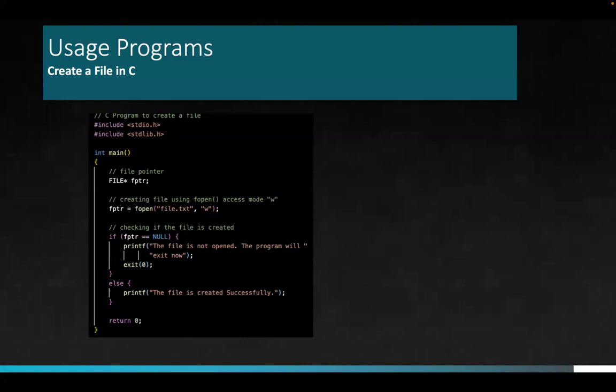If it is able to open the file in the current working directory, then the content gets accessed and assigned to this file pointer, and it is able to create the file successfully. If it is not able to create, then it provides a null pointer. It throws an error stating that the file is not open and the program will exit now, and it's a force exit.